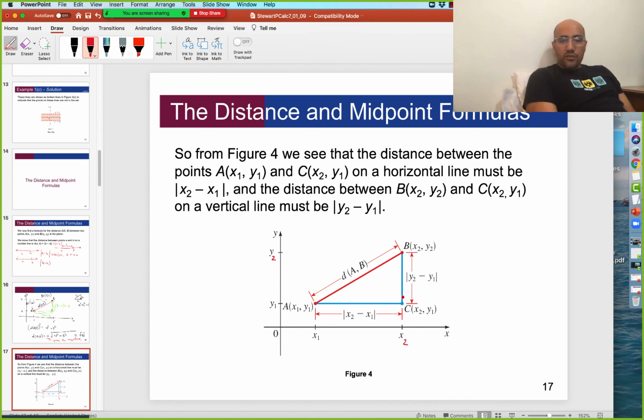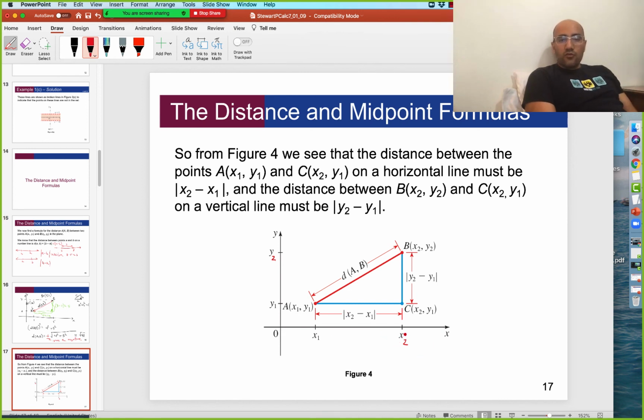Same thing in this direction. We get y sub 2, y sub 1, and then we put the absolute values. Now, you might be asking, I can tell x sub 2 is bigger, so why do I need the absolute values? Well, if this was the real picture, sure. But the original question doesn't necessarily tell you that x sub 2 is the larger number.